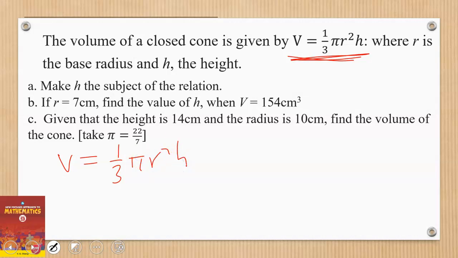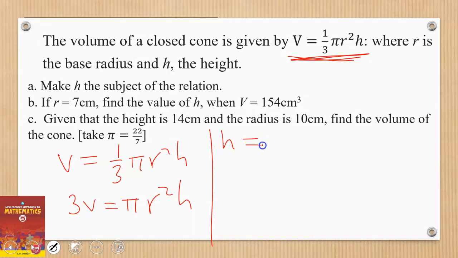We first have to eliminate the fraction by multiplying through by the LCM. So we are going to have 3V equals pi r squared h. Now that we have 3V equals pi r squared h, because we want to make h the subject and h is multiplying pi r squared, we need to divide both sides by pi r squared.